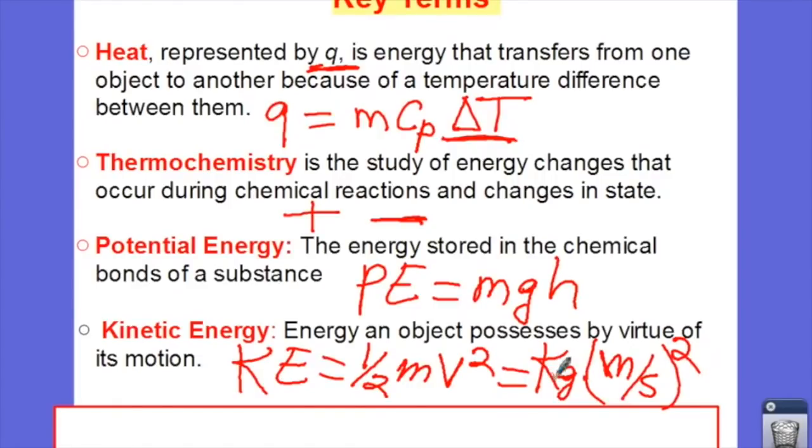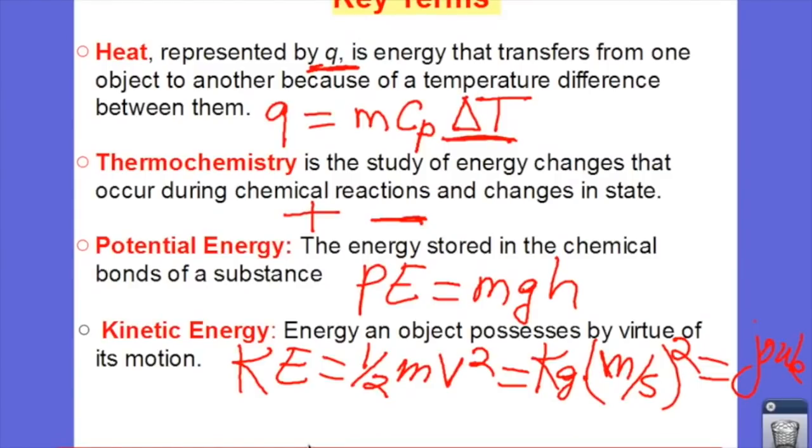So 1 kilogram times meter squared per second squared, we will call it a joule. Okay, so a joule is 1 kilogram times meter squared per second squared. It is the SI unit of energy. SI, it is French. It is le système international d'unités. The SI unit for energy is the joule.